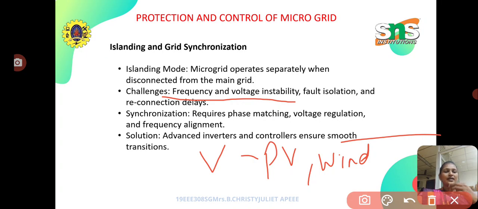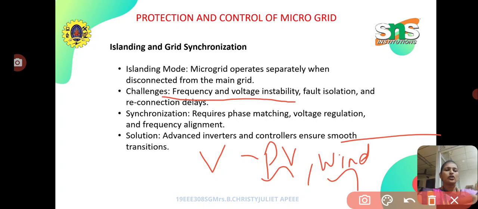But that is not that easy. As we have already said, we have PV and wind, and we also have micro turbines, hydros, and fuel cells, which are all forms of distributed power generation.